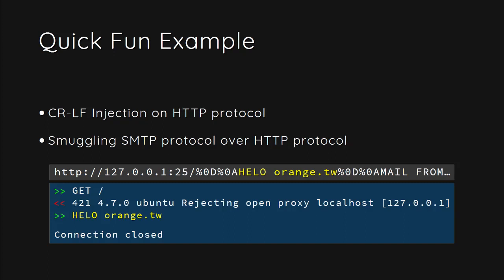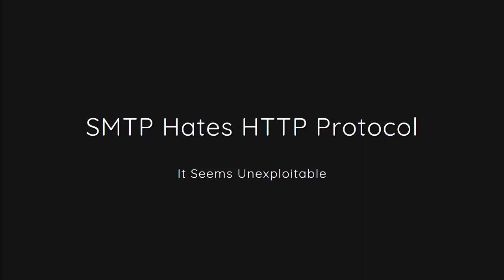If the server finds the HTTP pattern, such as GET / or POST / in the incoming request, the server will cut off the connection. So SMTP over HTTP protocol seems unexploitable.